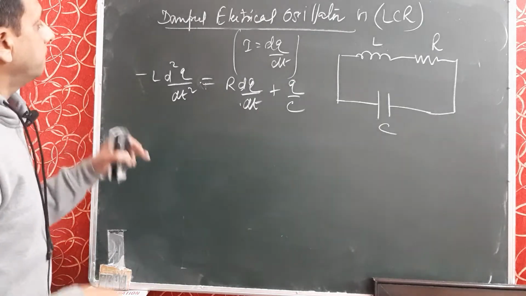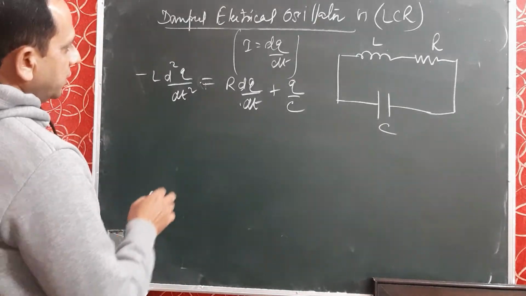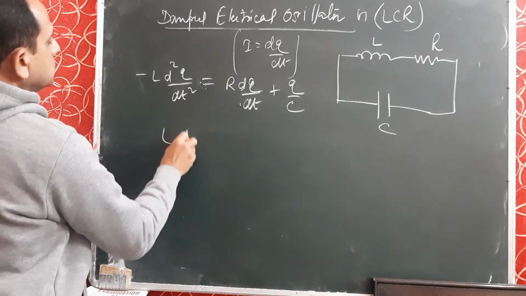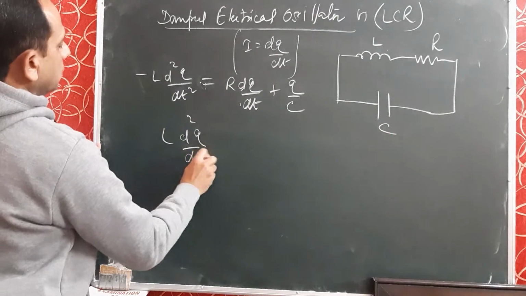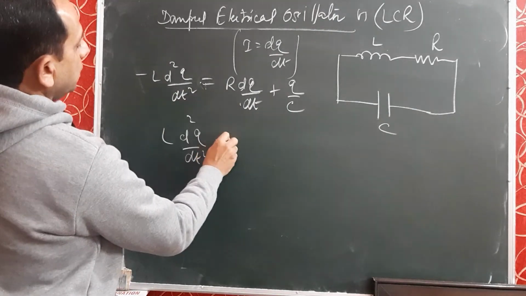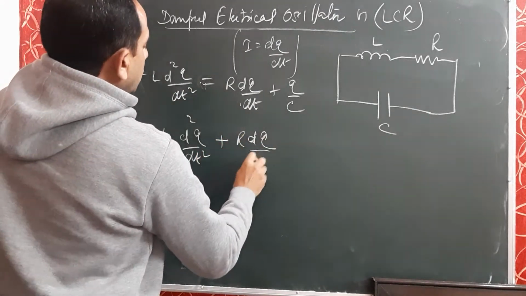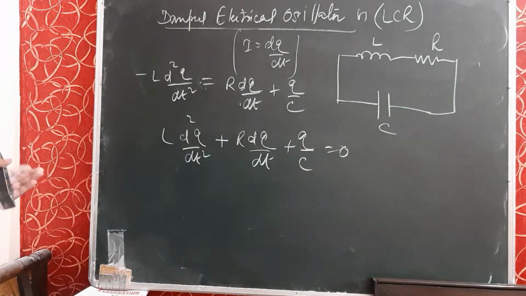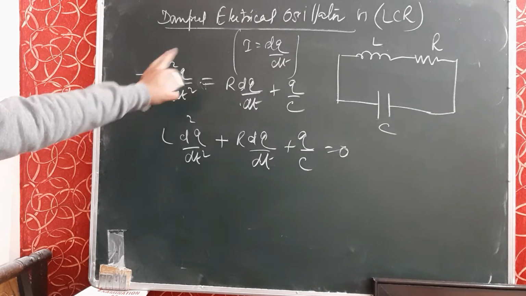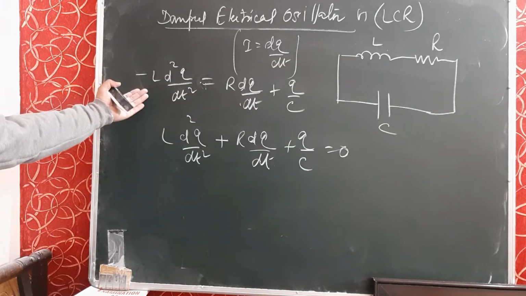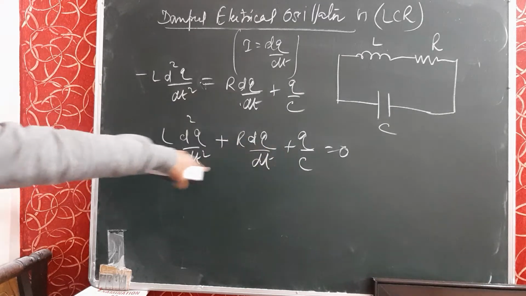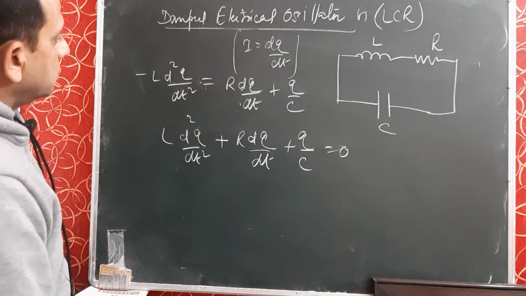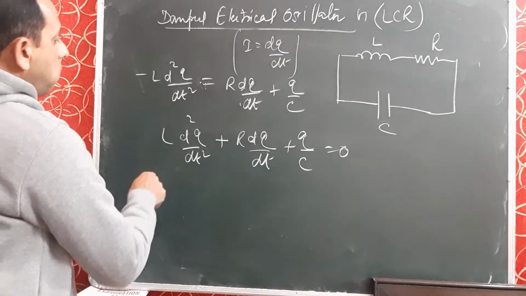Now we may write this equation as L d square q upon dt square plus R dq by dt plus q by C is equal to 0. We shift the terms to the left hand side and the right hand side becomes 0. So this is the equation which is second order in q.